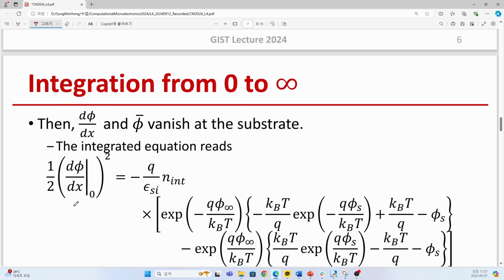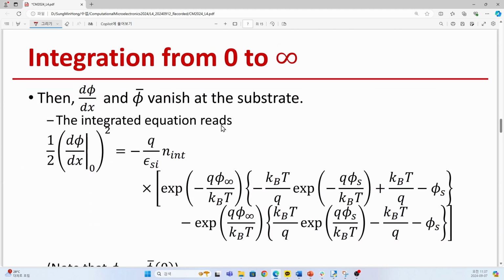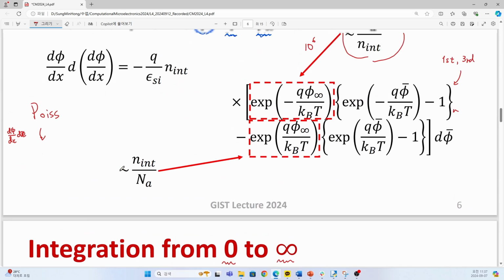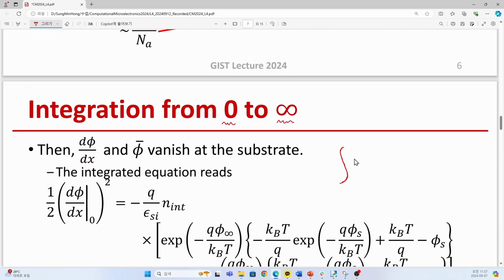Then we want to make the integration from the surface point toward positive infinity, deep in the substrate. So what will happen if we make this integration? In that case, our dx changes from 0 to infinity.